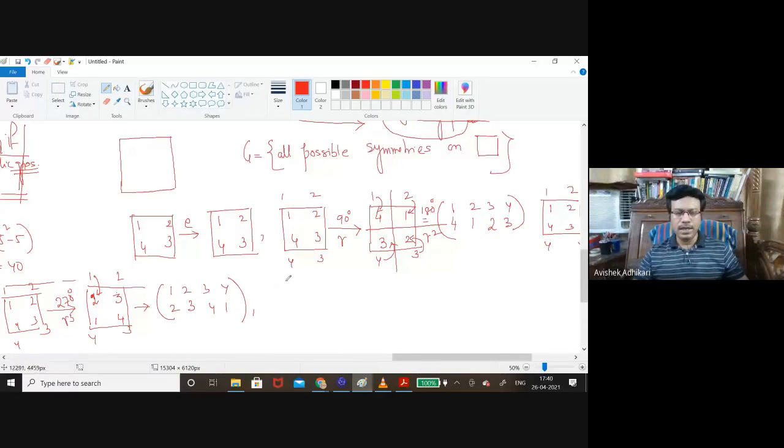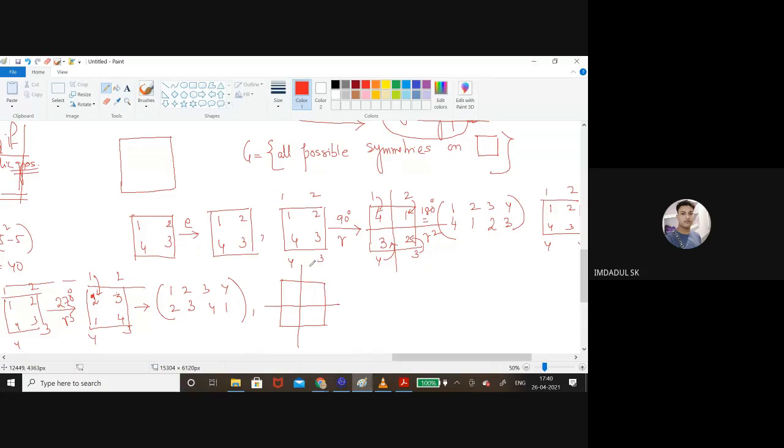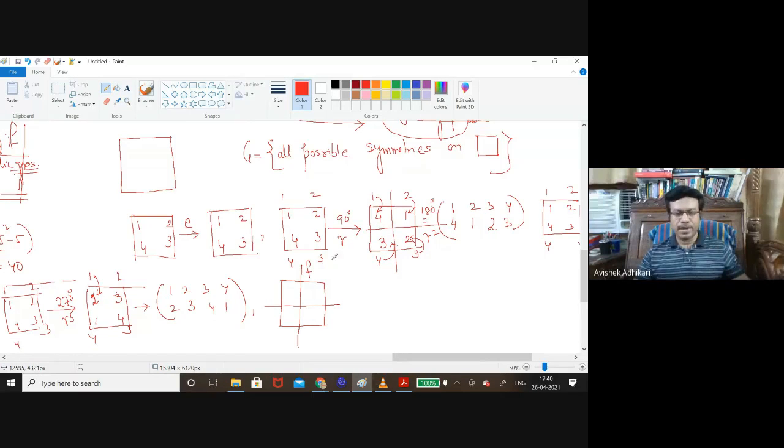Okay, then is there any other symmetry that you can find? A flip around the diagonal, okay, so that may also happen. So flip around this, and flip around that. If I write 1, 2, 3, 4 and flip around this one, I call it F1.